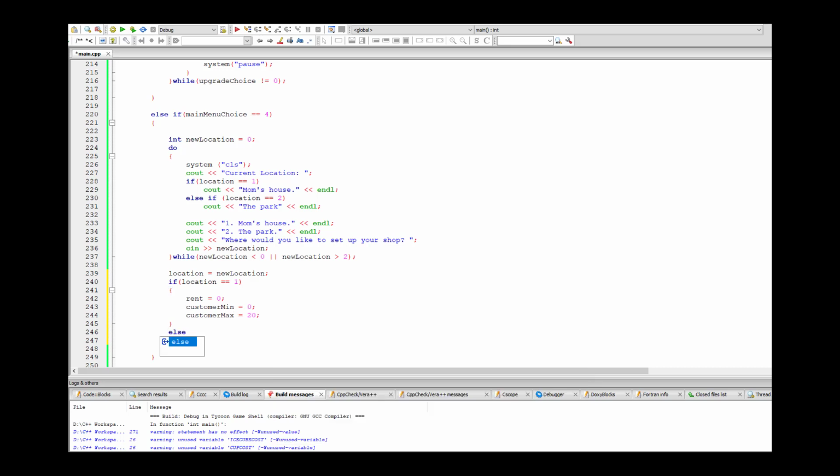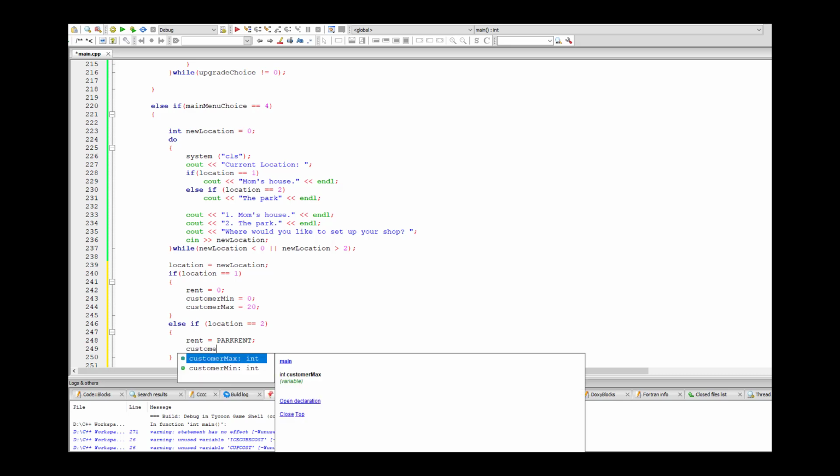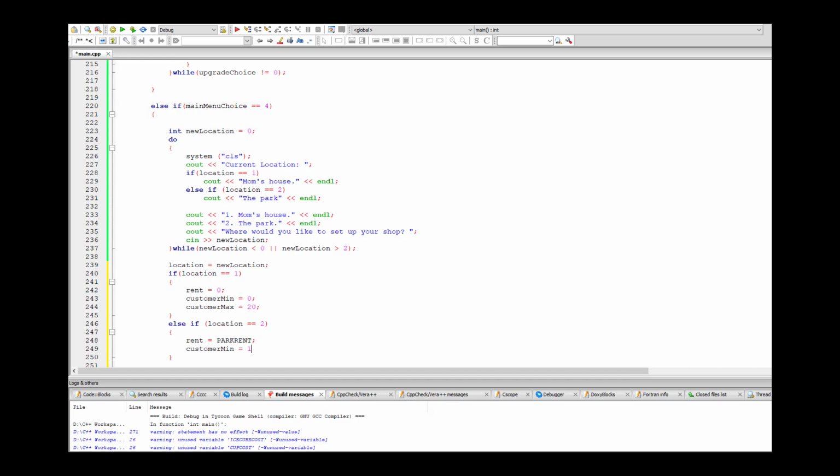Okay, now else if the location is equal to 2, so they went to go to the park, then what we're going to say is the rent is equal to park rent, right? However, the customer min is equal to 10.